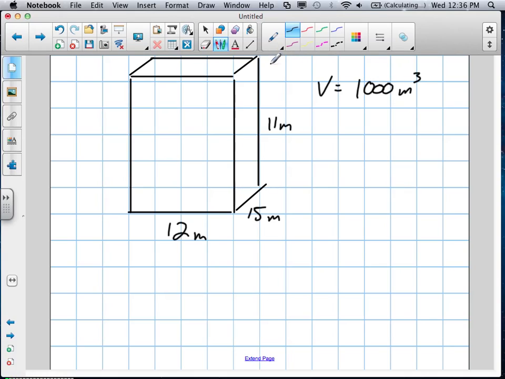We need to think of what will be possible values of this. So first of all, if everything is maxed out, this is a cylindrical object. Let's make this box here.